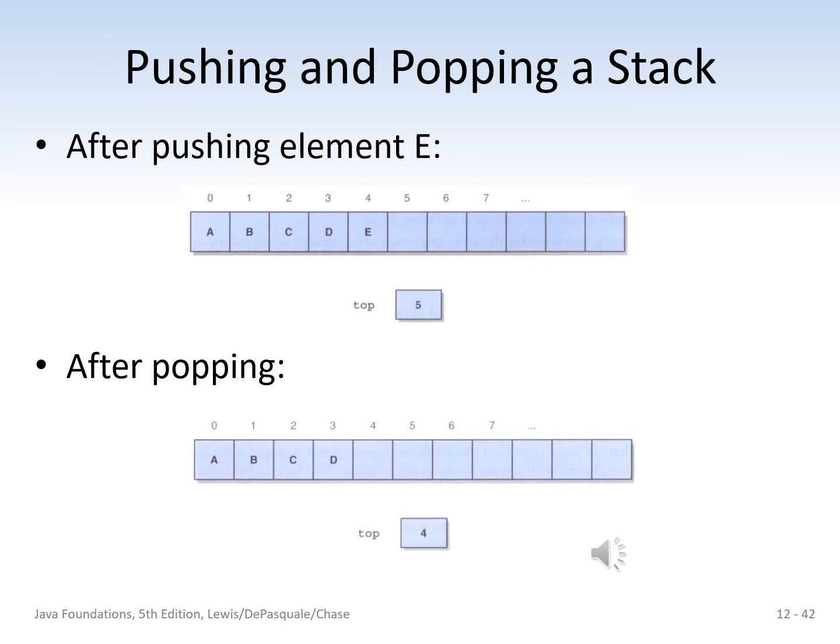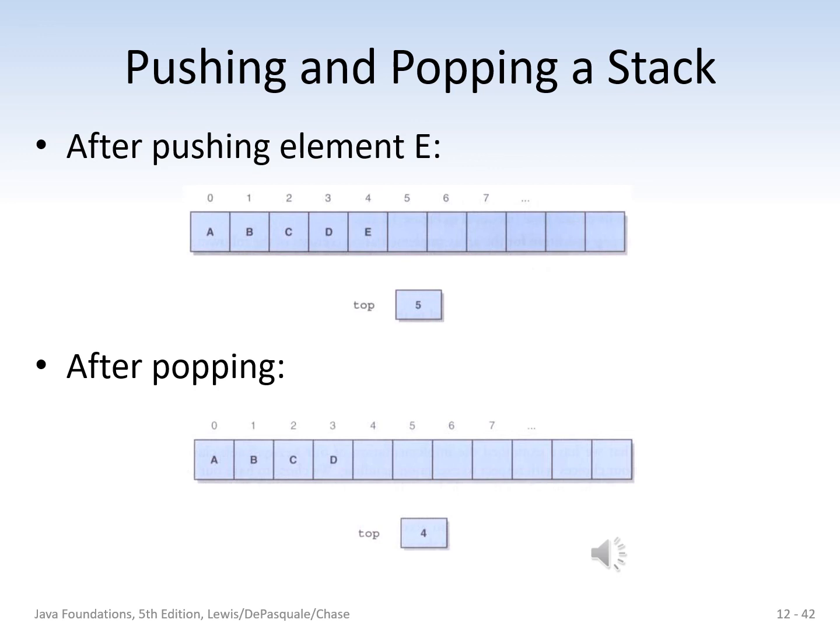So in this implementation, we have two state snapshots. After we push element E onto the top of the stack, the pointer top now points to index 5 in the array, which is the underlying structure of this stack. And there's E at 4. And after we pop it, now remember the sequence of events that occurs when we call the pop method.